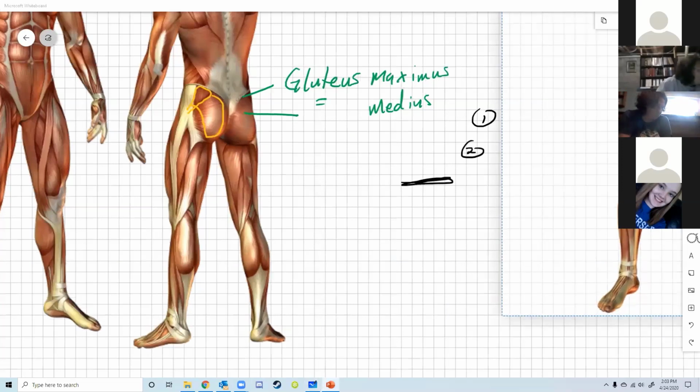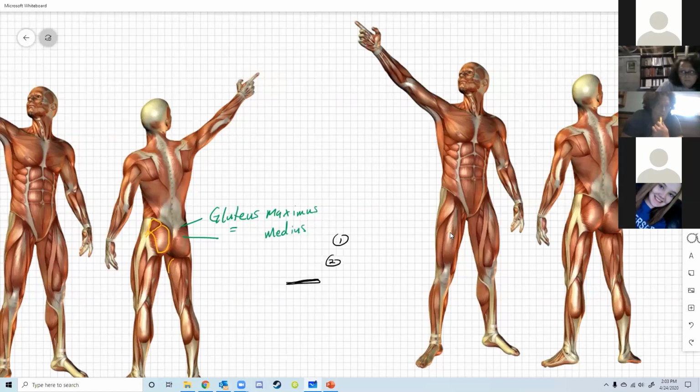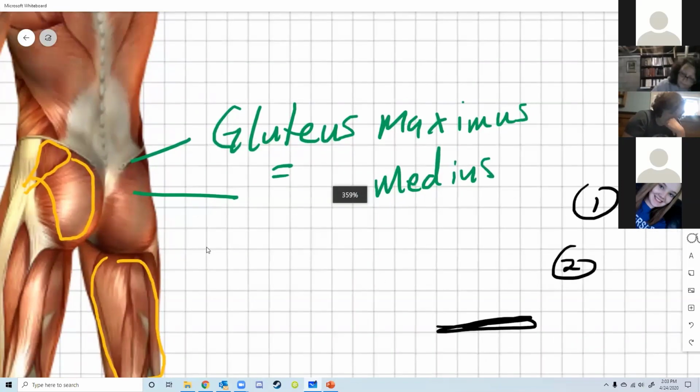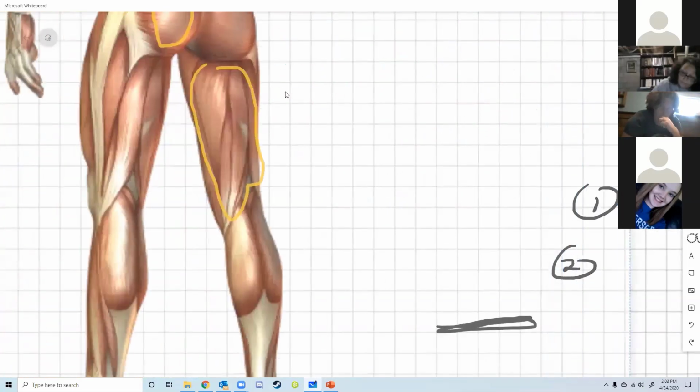Let's look at the lower thigh. I think I'm going to look at the posterior first. So this back area here is what we know as your hamstring. But the hamstring is actually made up of a group of muscles.